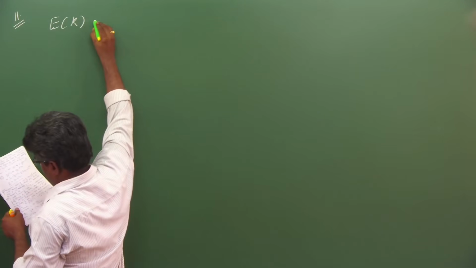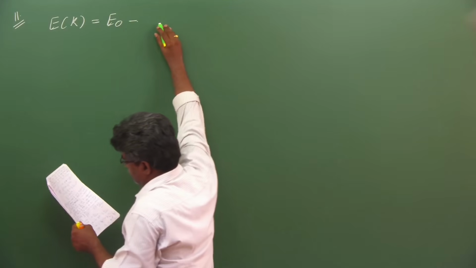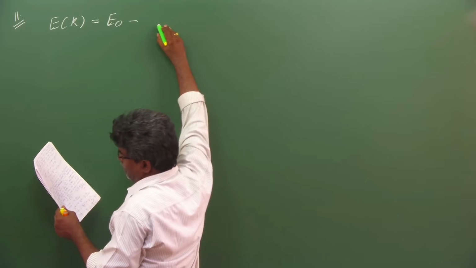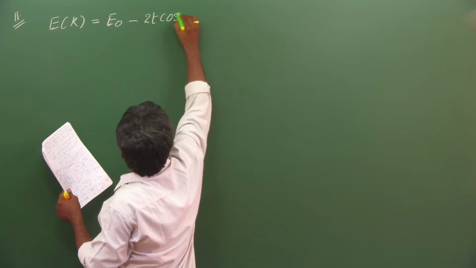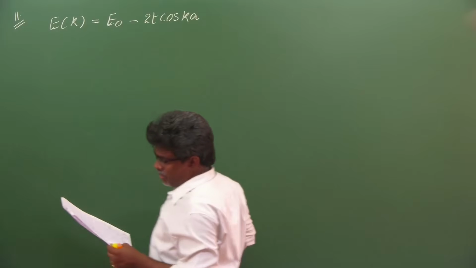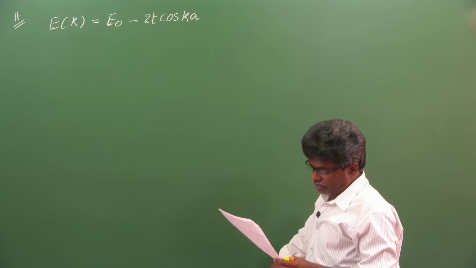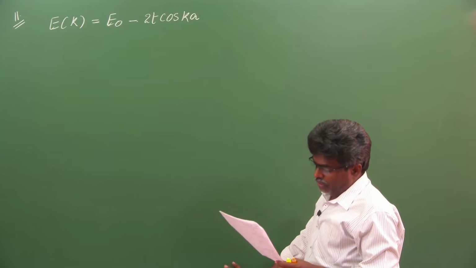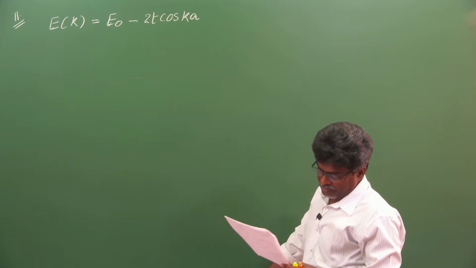The dispersion relation is E of k equal to E naught minus 2t cos ka, where E naught and t are constants.